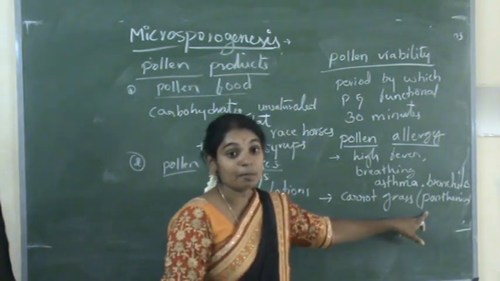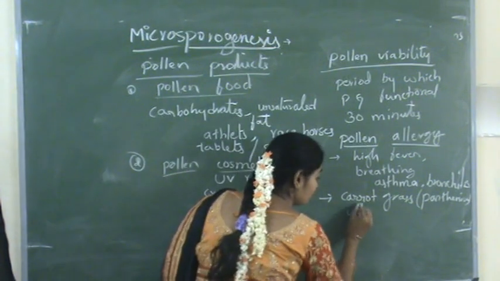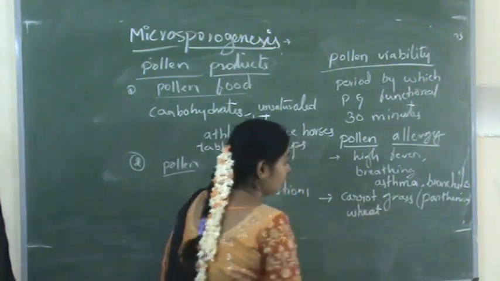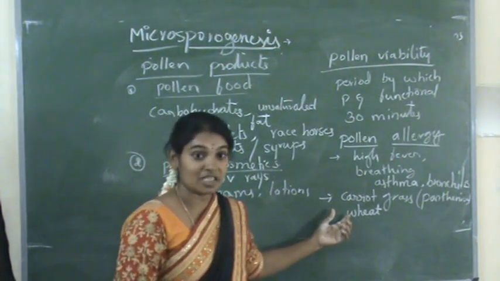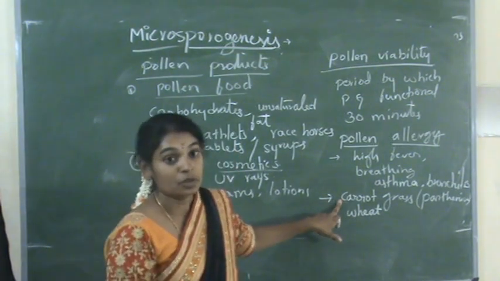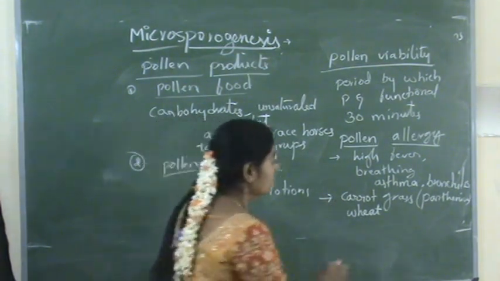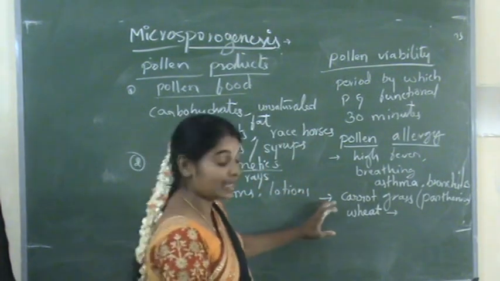It was introduced into India along with a wheat variety. When we imported wheat variety from Japan, along with that wheat, it was also imported to India, and the population of Parthenium increased very rapidly.